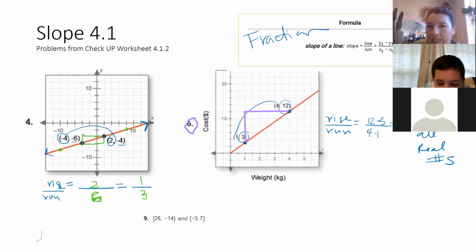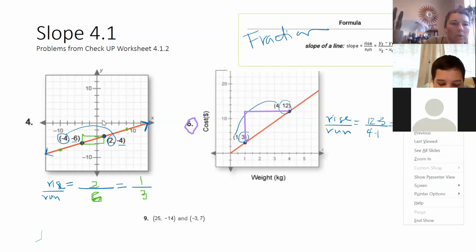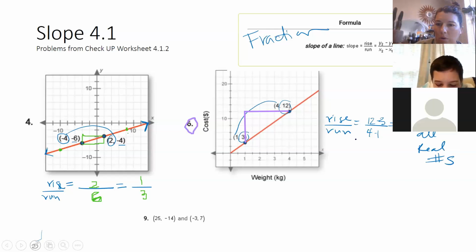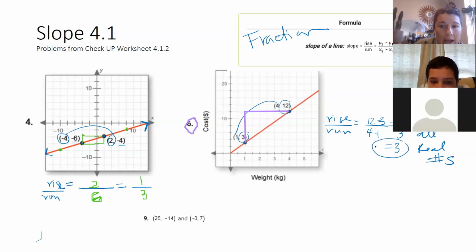So 12 minus 3 is going to be 9. 4 minus 1, excuse me, is 3. 9 divided by 3 is 3. So our slope for that line is 3.